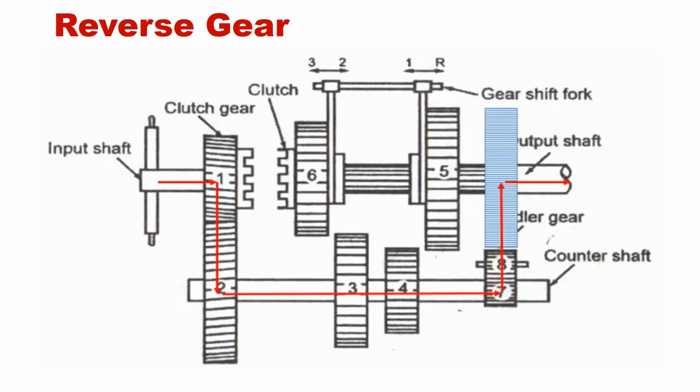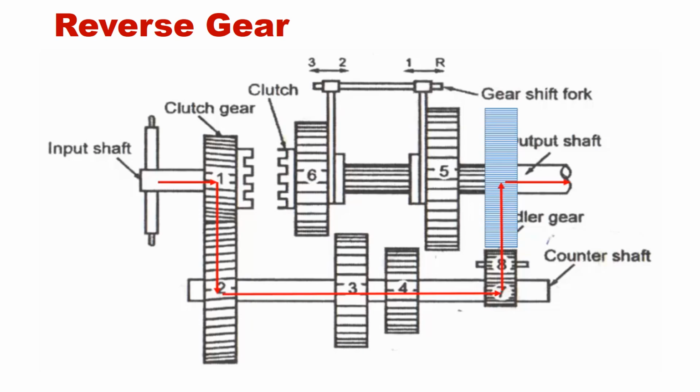Now the reverse gear. As usual, gear number 1 on the clutch shaft, the input shaft, rotates clockwise with the engine shaft. Then gear 2 runs anti-clockwise, so the counter shaft rotates in the anti-clockwise direction.